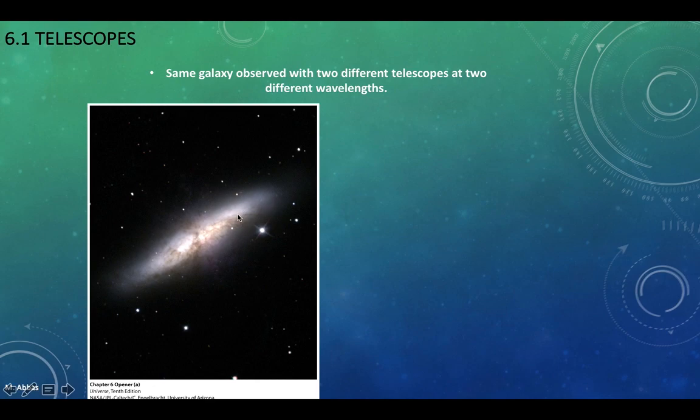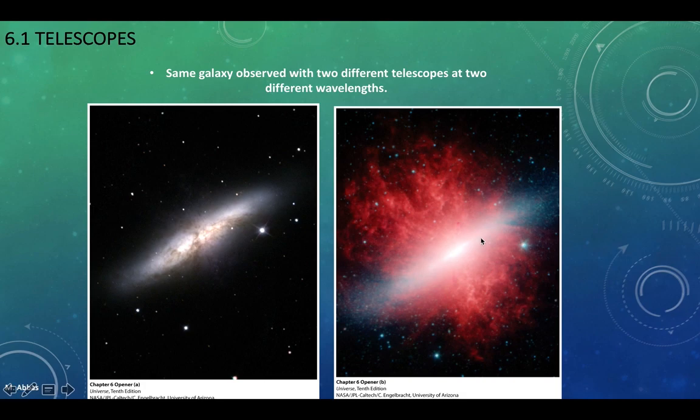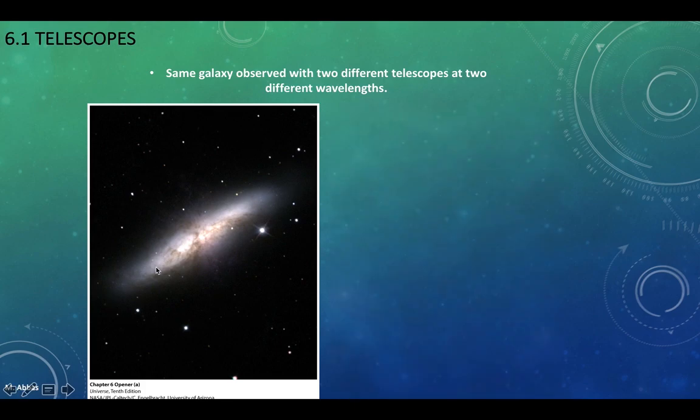But the thing is, if we take an image for the same galaxy, but using an infrared telescope, this is what we get. So in this infrared image here, you can see that there are a lot of radiation here actually coming from gases around the galaxy, and there are also more radiations and gases from this region. So if you would have only taken an image through an optical telescope, rainbow color telescope, this would be your image like that.